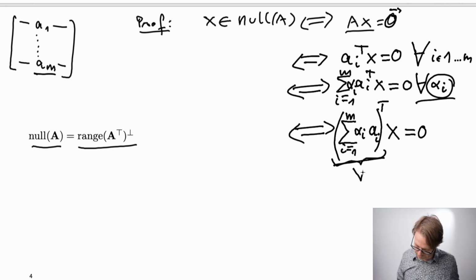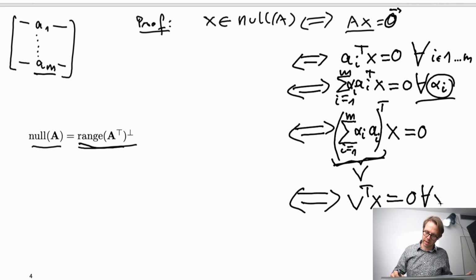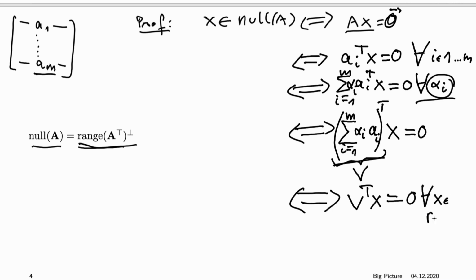If we call such a vector v, that means this is equivalent to saying that if we take such a v from the row space of A, and remember the row space of A is the range of A transpose, then v transpose x equals 0 for all x element of the range of A transpose.